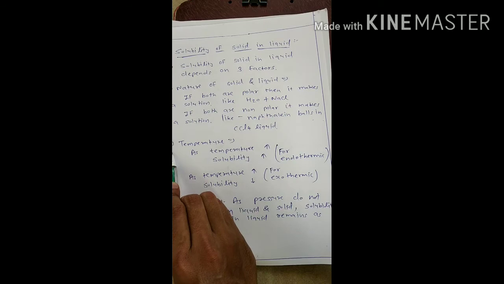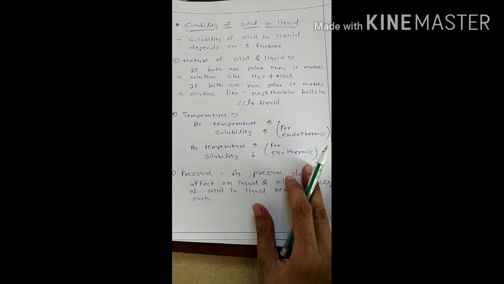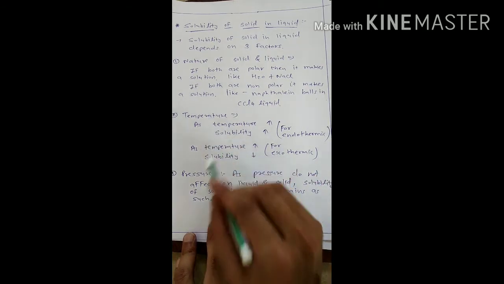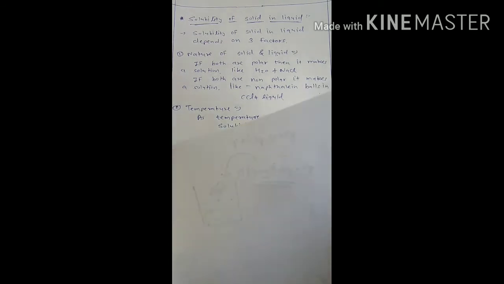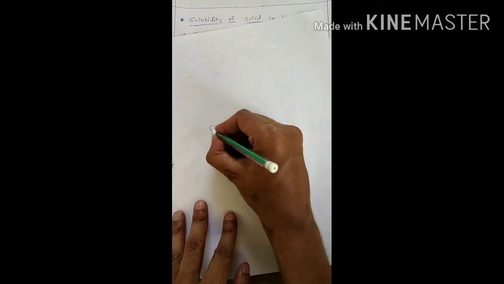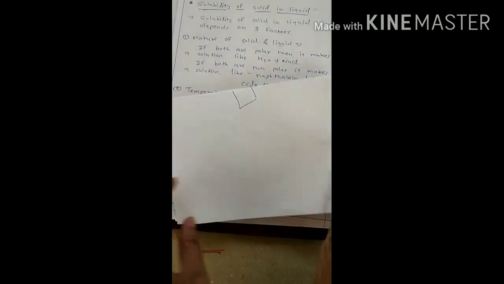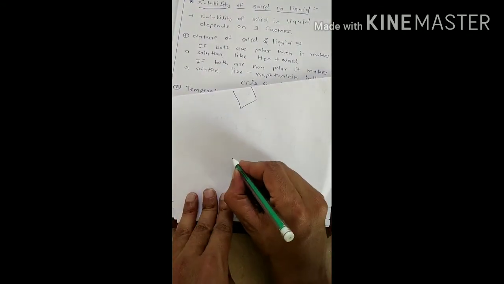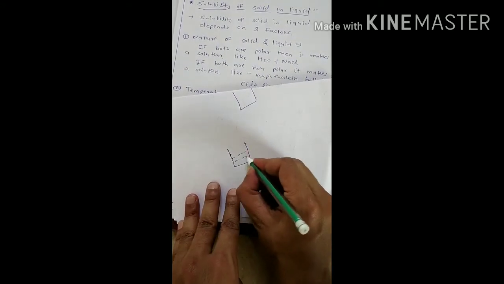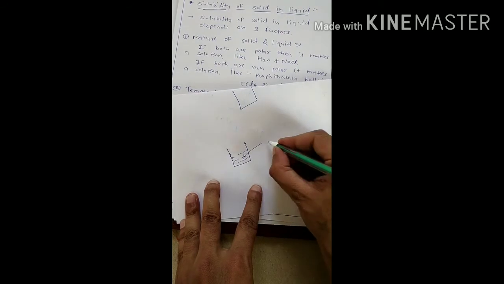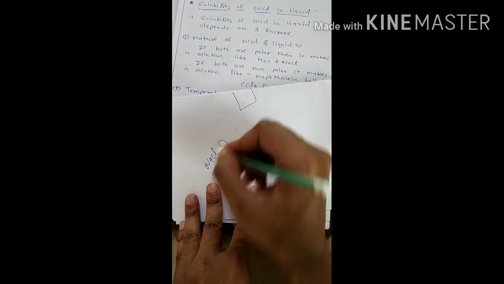Now second point is temperature. Before that, let me explain one simple term. What is the dissolution process? So I am taking a beaker full of water and I am adding NaCl to it.